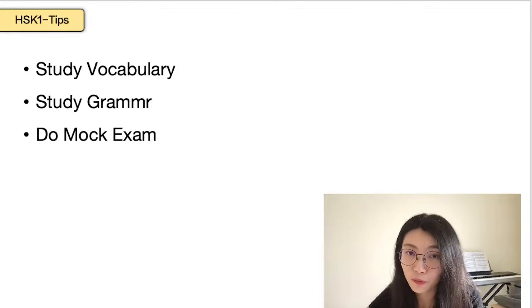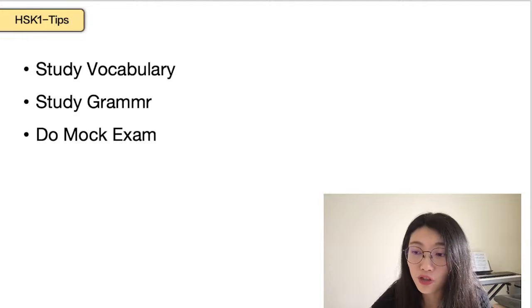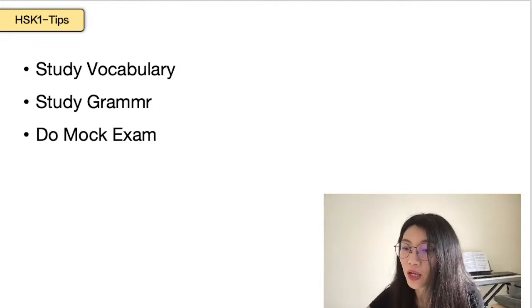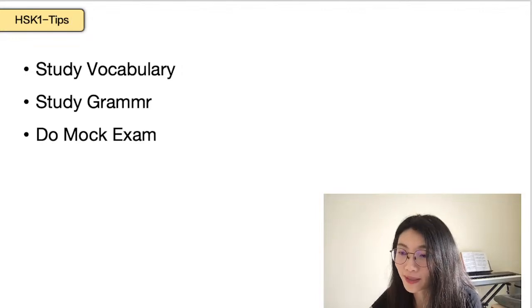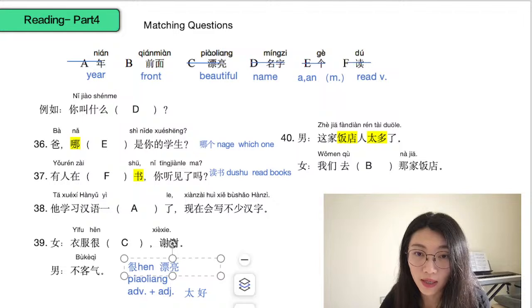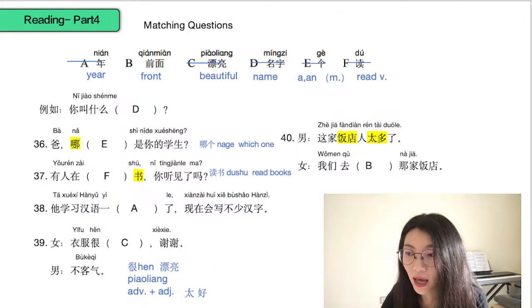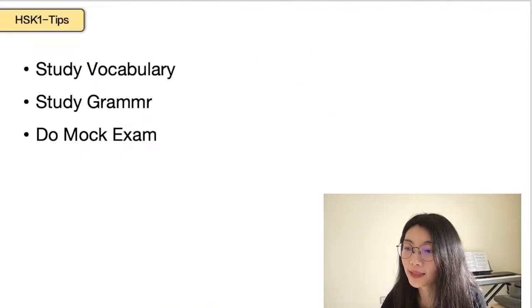For example, negative words, like 她不在家, she's not at home, 她不在饭店, or 她没去看电影, she didn't go to the cinema. And also what I said just now, the grammar adverb plus adjective: 太好了, 太漂亮, 太多了.